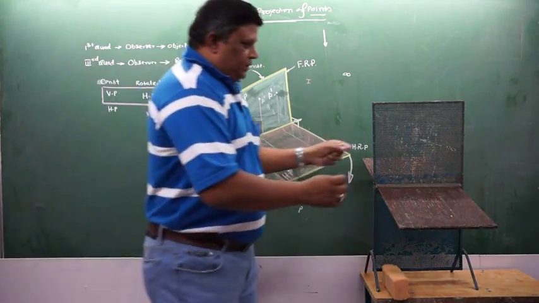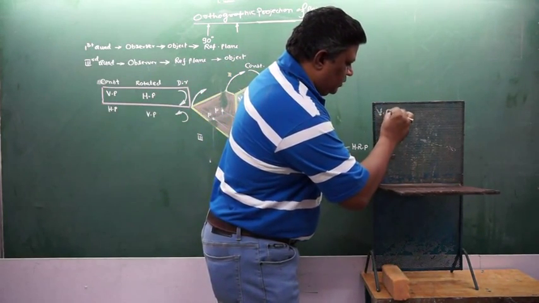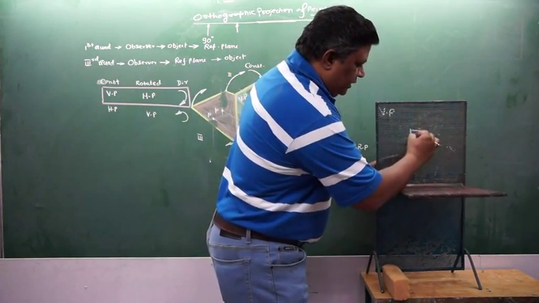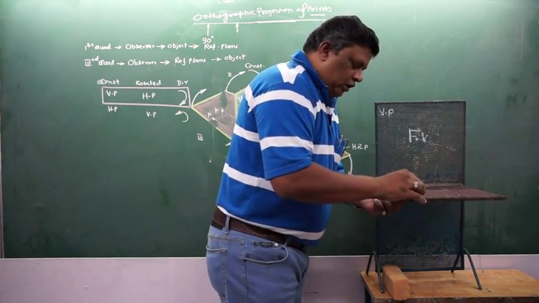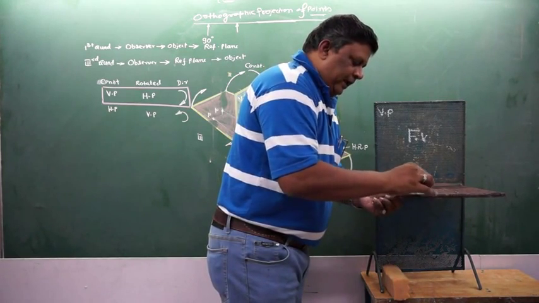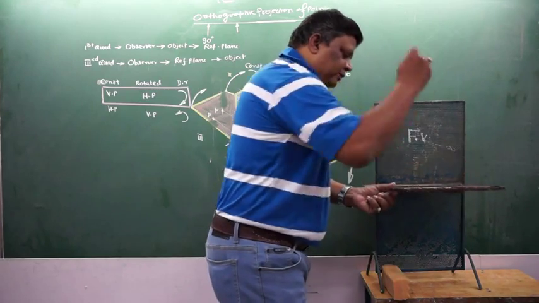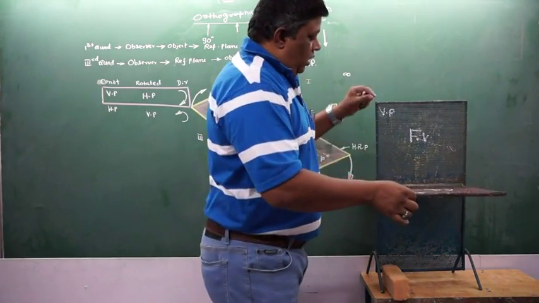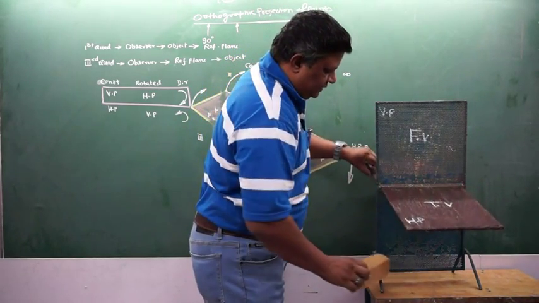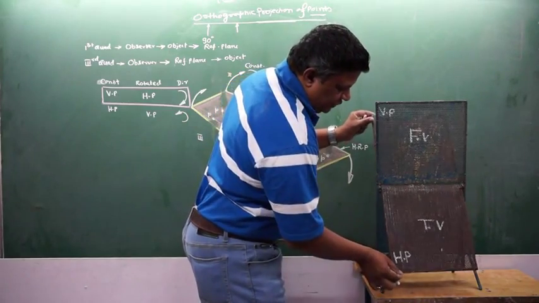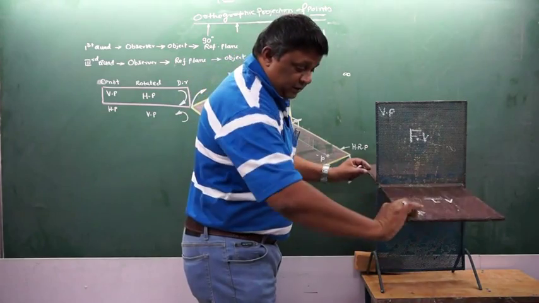Look what happens. This is the plane, that is the vertical plane, on which I am having the front view. This is the horizontal plane on which I am having the top view in the first quadrant. Obviously, now keeping this vertical plane, if I simply rotate this plane in clockwise direction, now clockwise for me, because the observer I am out here, so for me this is the clockwise direction.